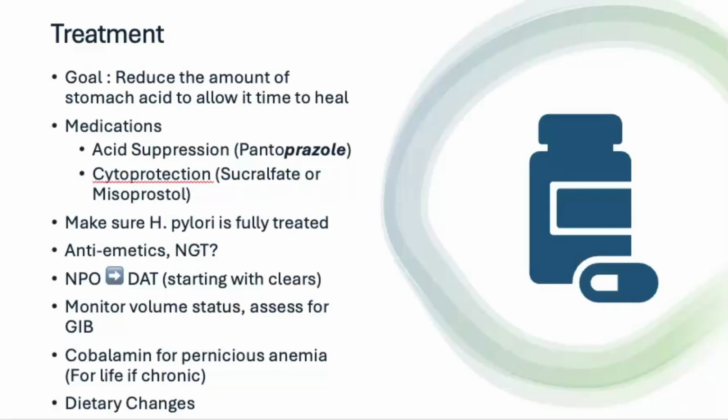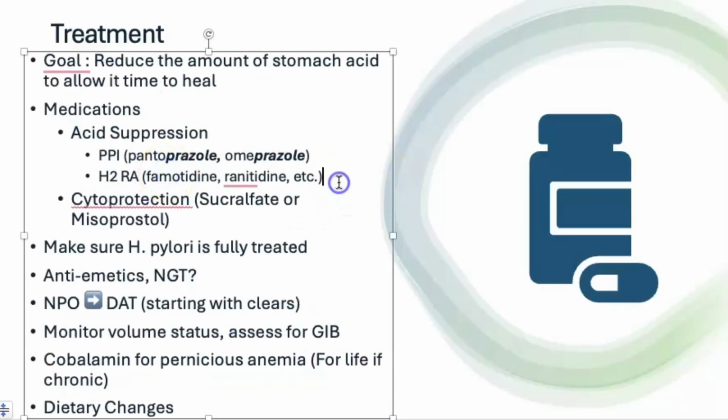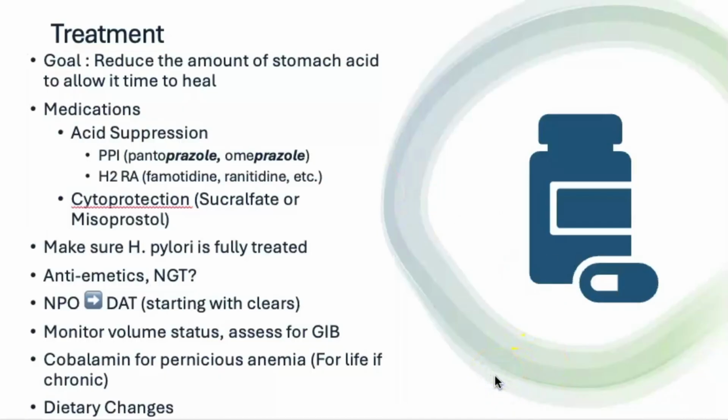So in addition to your PPIs, another option for acid suppression is our H2 receptor antagonists like famotidine or ranitidine. And again, these are available over the counter and by prescription. Okay, so I just uploaded the slide there to reflect that H2 receptor antagonists, or H2RAs, are another option in the treatment of gastritis.